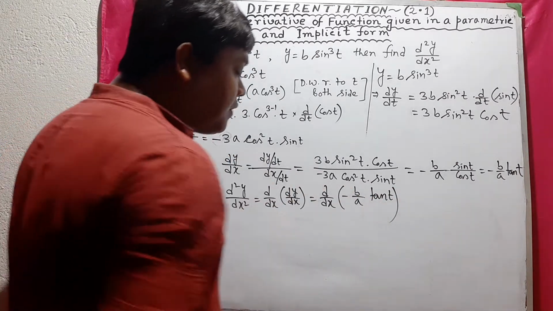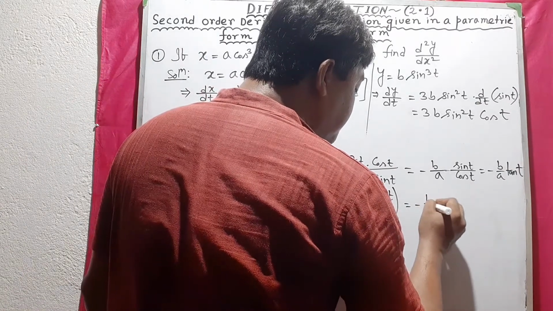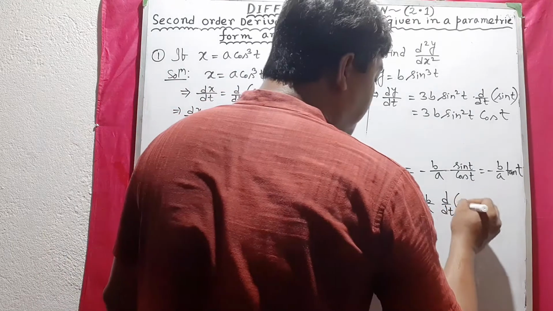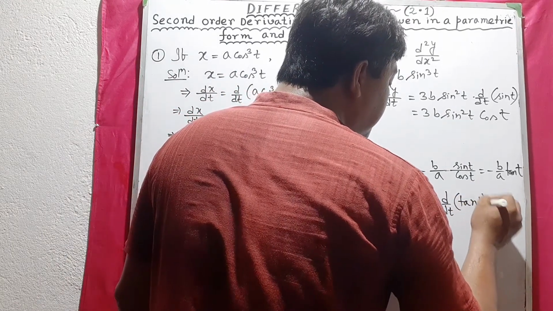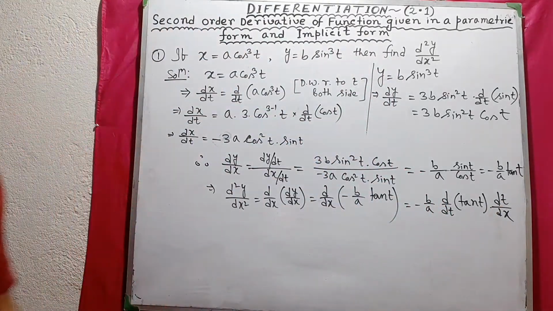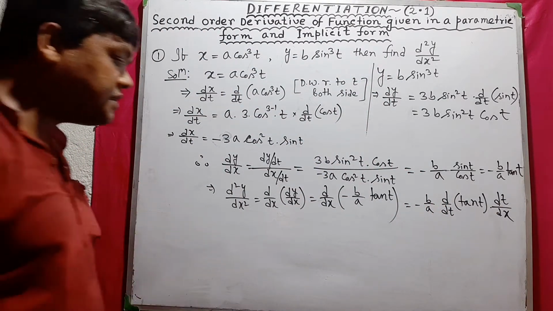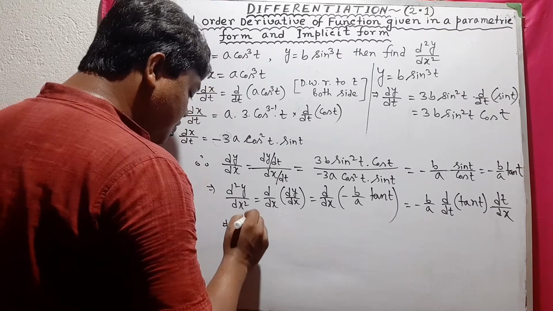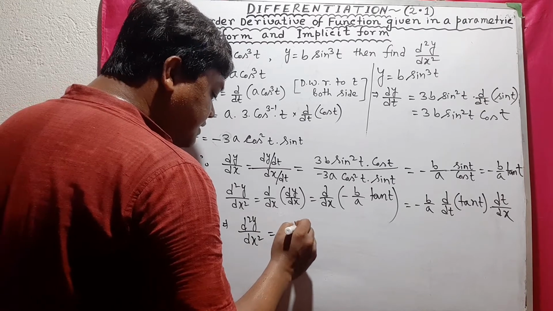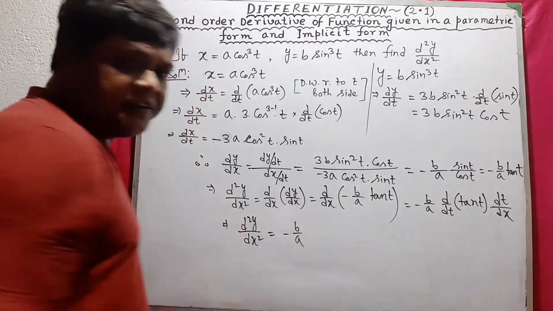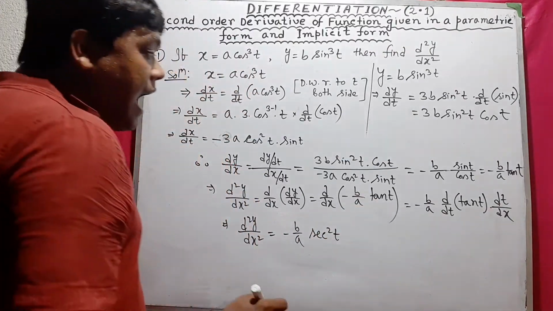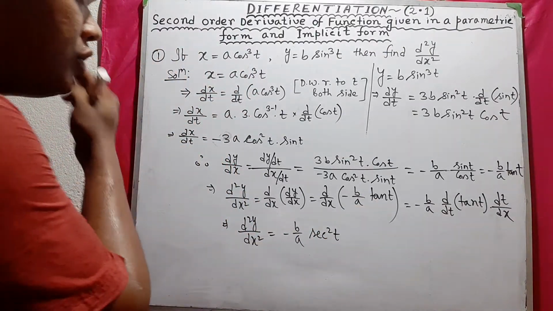Since this is a function of t, minus b by a is a constant part, and d/dt of tan t into dt/dx. Clear? Just simply using the chain rule. So d2y/dx2 equals minus b by a, tan t derivative which is sec squared t, and dt/dx. Okay, we know dx/dt.